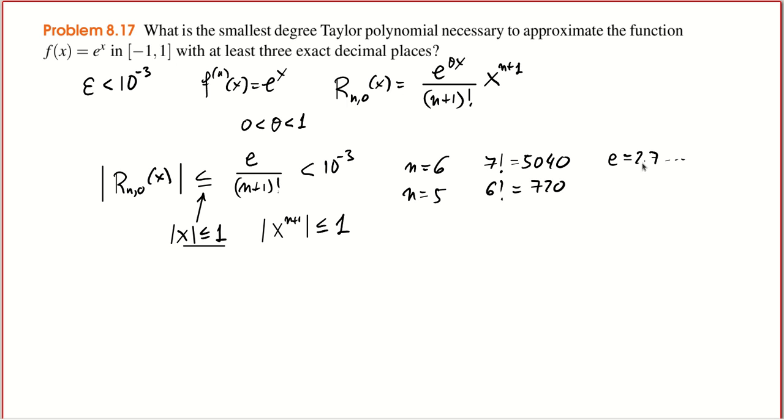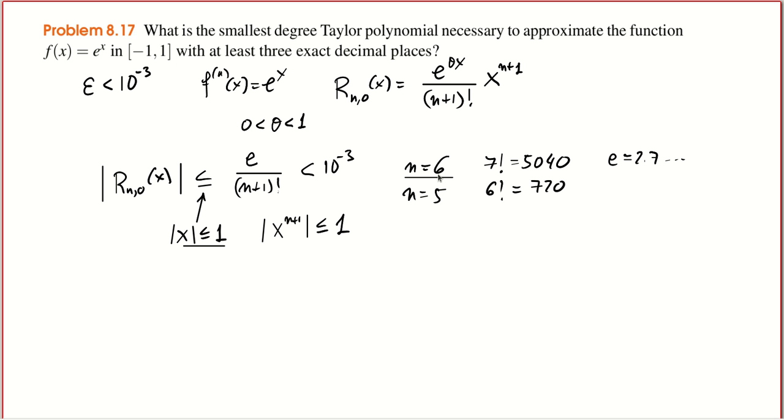So almost 3 divided by 720 is larger than 10 to the -3. But 2.7 divided by 5,000 is clearly smaller than 10 to the -3. So the first value that we need for n in order to achieve this is 6.